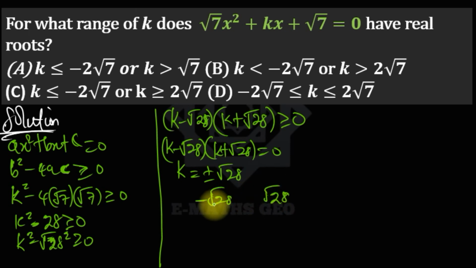Instead of wasting time testing numbers less than minus root 28, let's test numbers between minus root 28 and plus root 28. If we put 0 here, we have negative times positive, which is negative, but what they gave us is positive. So all the numbers between minus root 28 and root 28 fail. The numbers that satisfy are those less than minus root 28 and those greater than plus root 28.